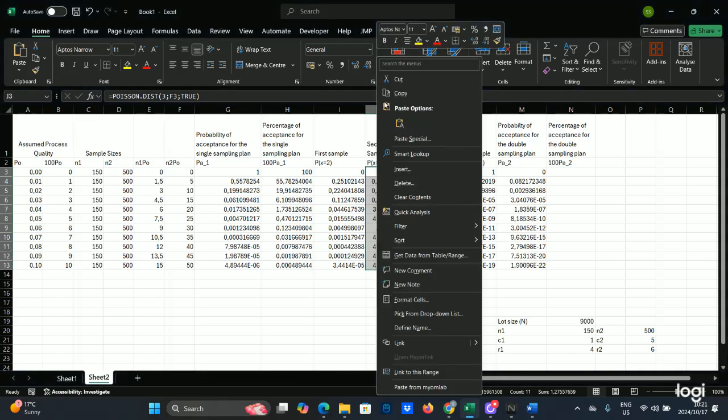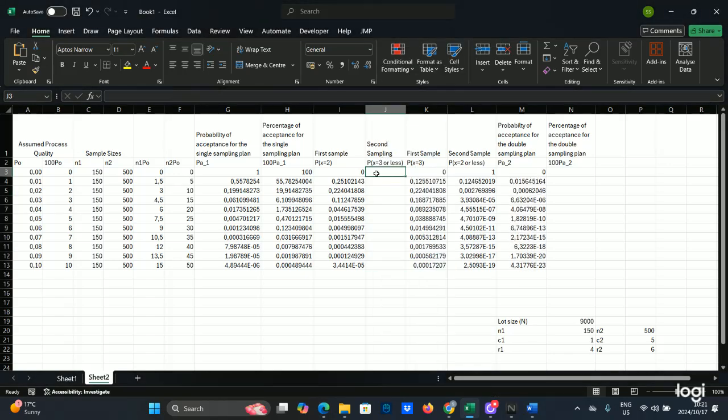Let me just recalculate this. So it will be equal to Poisson's distribution, right?